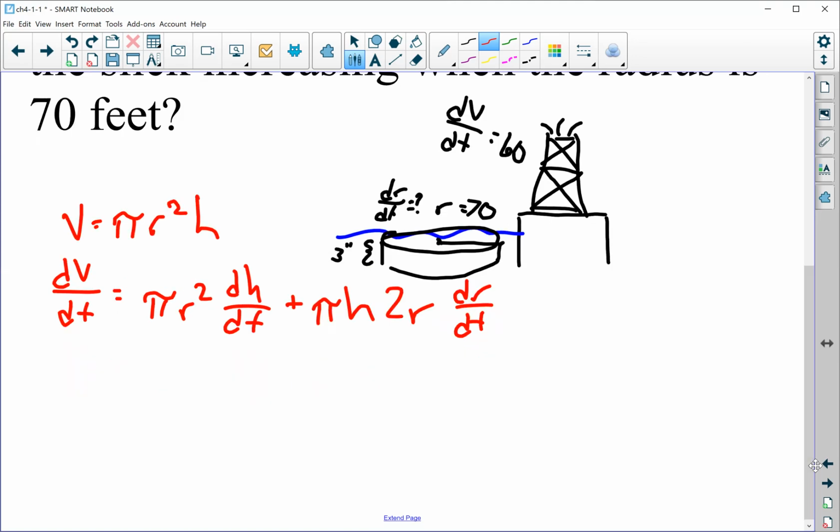Plug in what we know. We know dV over dt is 60. We know r is 70. dh over dt, the height, is constant, so it's changing at 0. The height is 3 inches, however, everything else is in feet, so we're going to convert 3 inches to 1/4 of a foot.